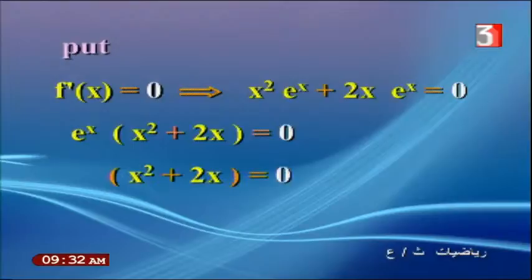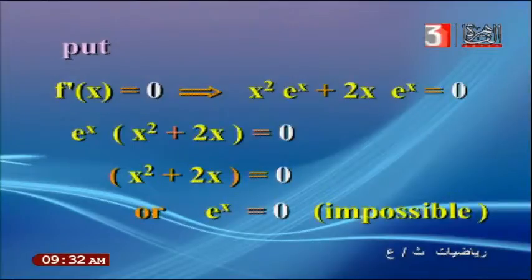Then x power 2 plus 2x equals 0, or e power x equals 0. e power x equals 0 is impossible, because the exponential function always has a positive value. Then x power 2 plus 2x equals 0, and we can take x as a common factor. Then x multiply x plus 2 equals 0.